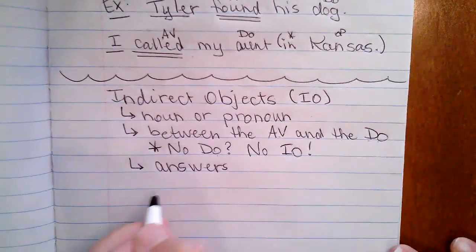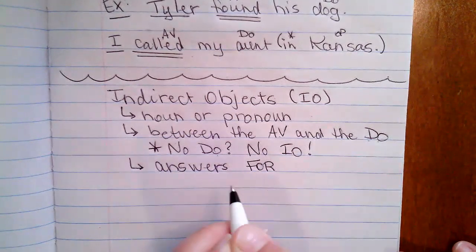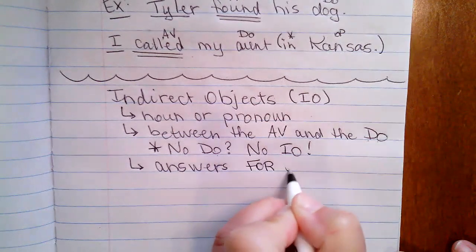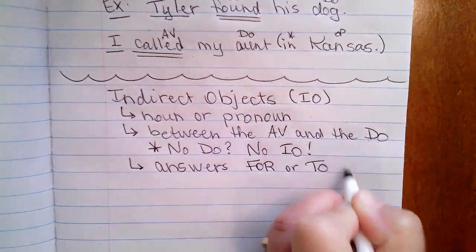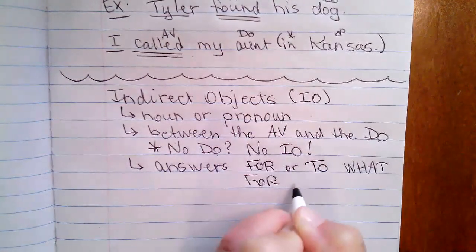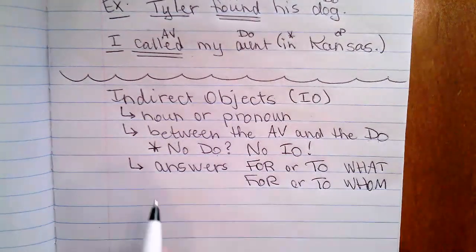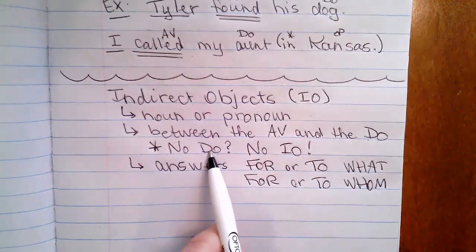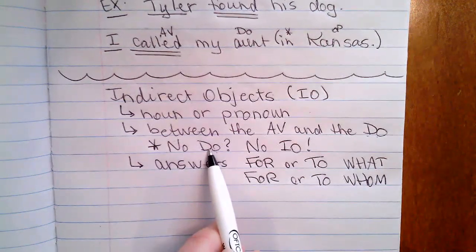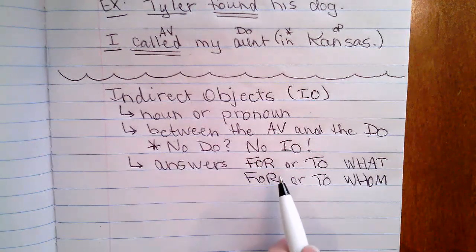So this time it answers the question for or to what, for or to whom. Okay, so when you find the direct object and you have answered your question, what or whom received the action, then you're going to ask yourself, okay, we're going to take it a step farther. For what or to what, for whom or to whom.